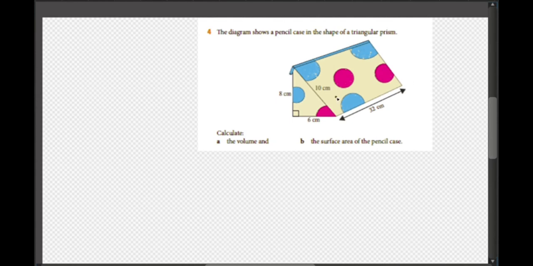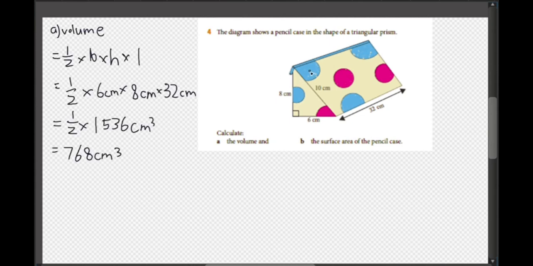Okay, now let's move on to question 4. Question 4 says that the diagram shows a pencil case in the shape of a triangular prism. We need to calculate the volume and the surface area of the pencil case. Let's look at the volume first. To find the volume of a triangular prism, we take 1/2 times base times height times length. Here we can see that the base is 6 cm, the height is 8 cm, and the length is 32 cm.